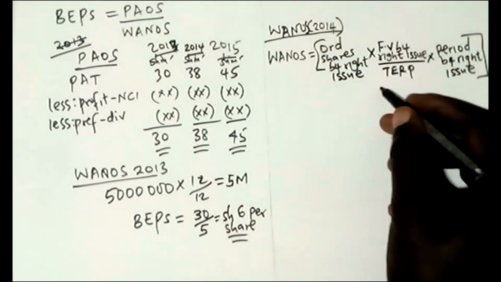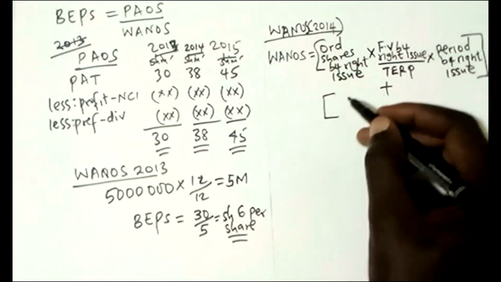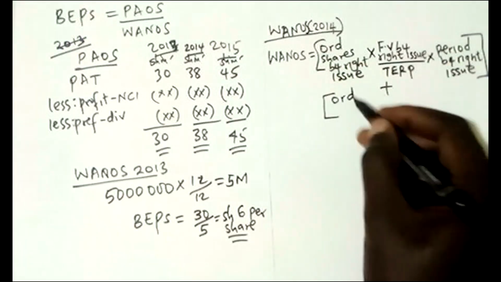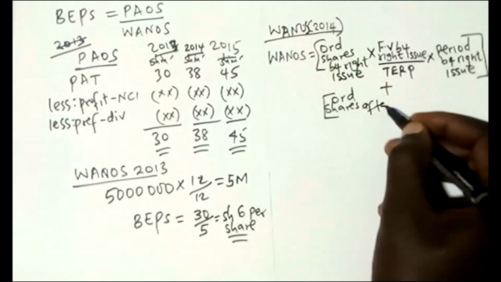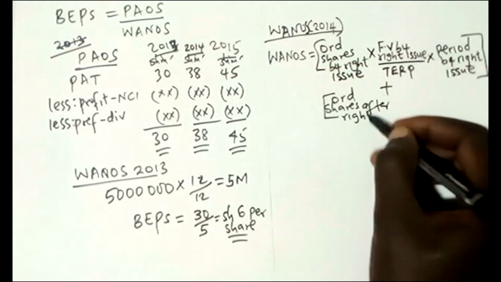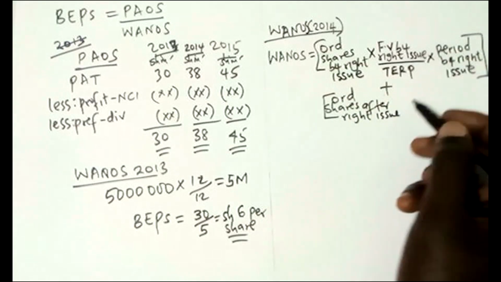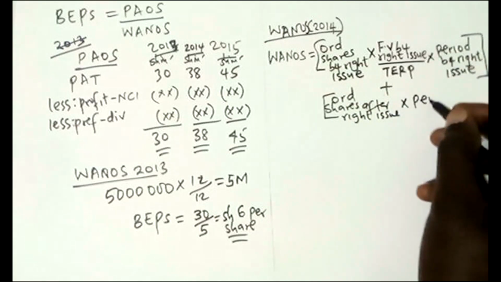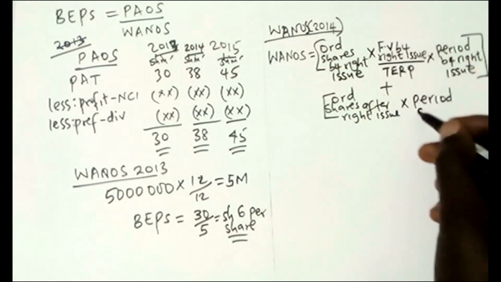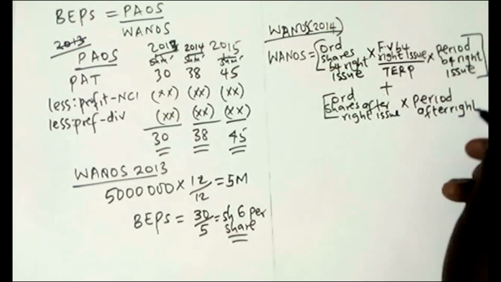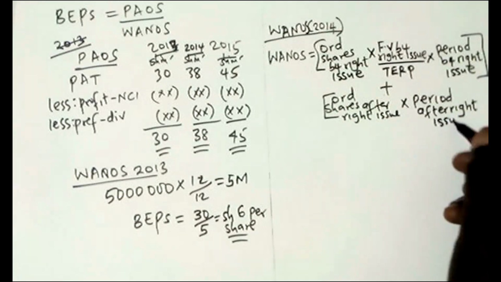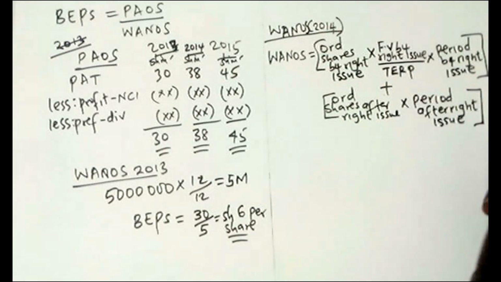So the answer you are getting from that first computation, you add with the ordinary shares after the rights issue, times the period after the rights issue.